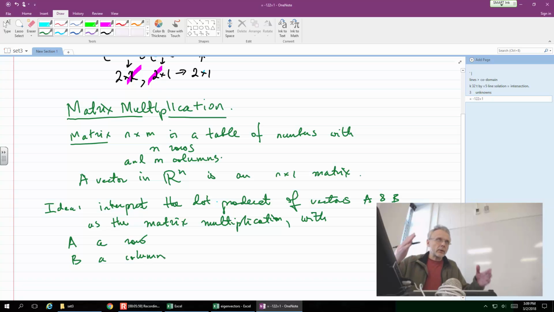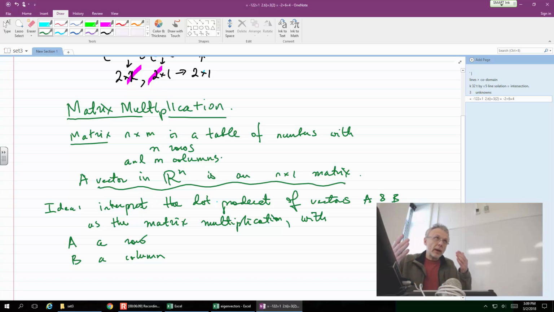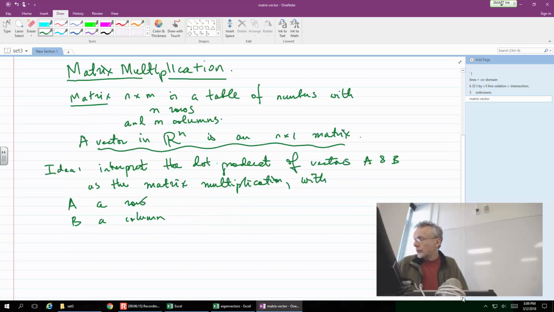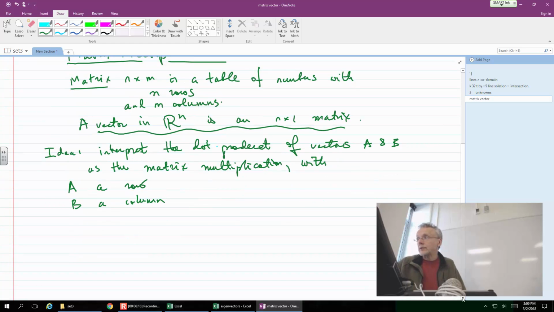Okay, so we put vectors in the form of rows and columns, but once we start thinking about a vector as a matrix, that's the idea. There are two ways to do it. You can make it into a row, you can make it into a column. Okay, and it turns out both of them are necessary.